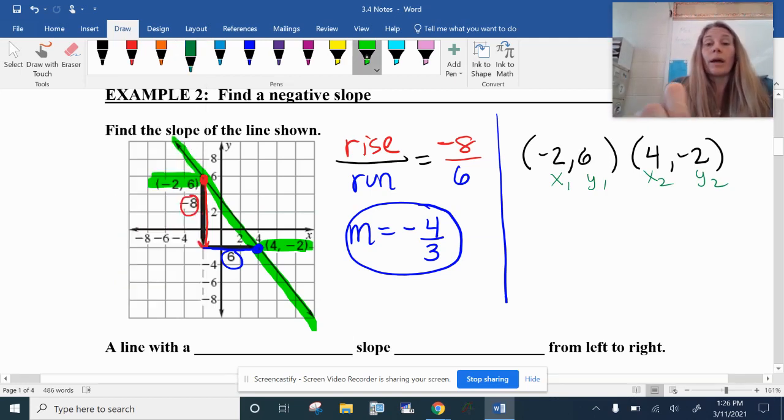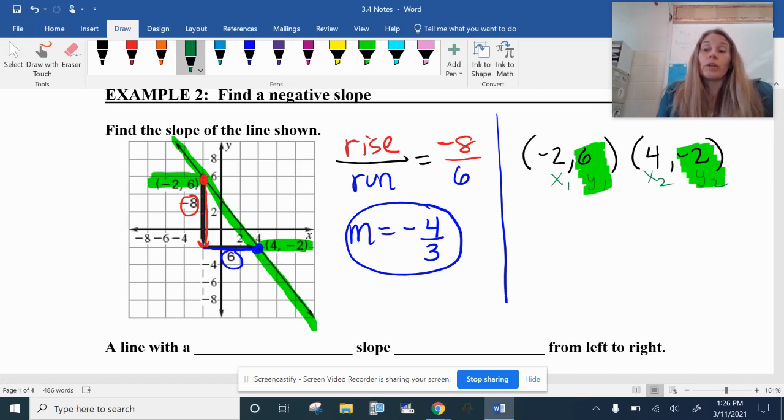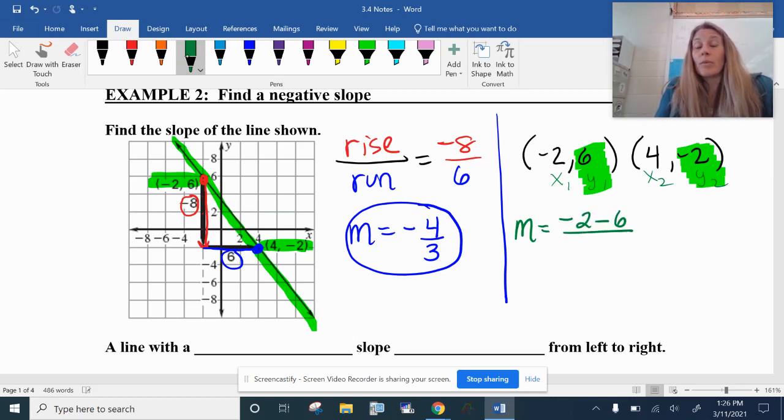So if you remember, what I like to do first is look at my 2 y values and see which way I'd like to subtract them. So do I want to do -2 minus 6 or 6 minus -2? The choice really is up to you. I'm just going to go ahead and do -2 minus 6. But whatever you choose for the y values, you have to stay consistent for the x's.